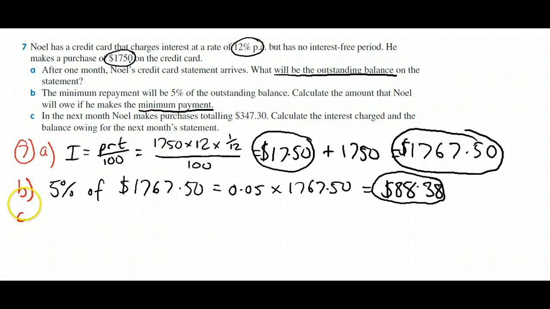And the last part, Part C. In the next month, Noel makes purchases totaling $347.30. Calculate the interest charged and the balance owing for the next month's statement. So Noel, on top of his, he did owe $1767.50, and then he paid off this amount. So we've got to take that away from what he owed.